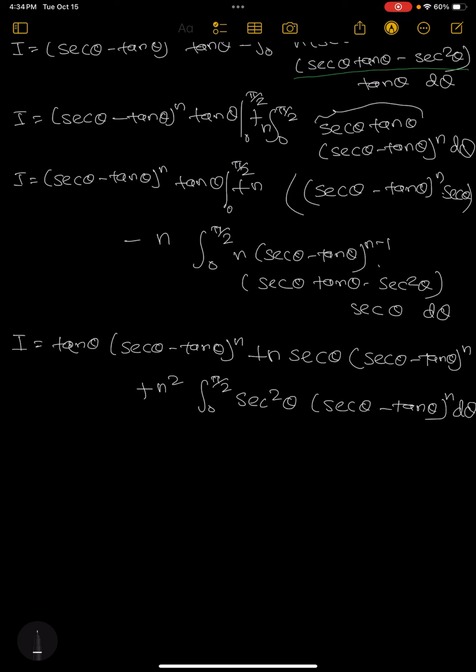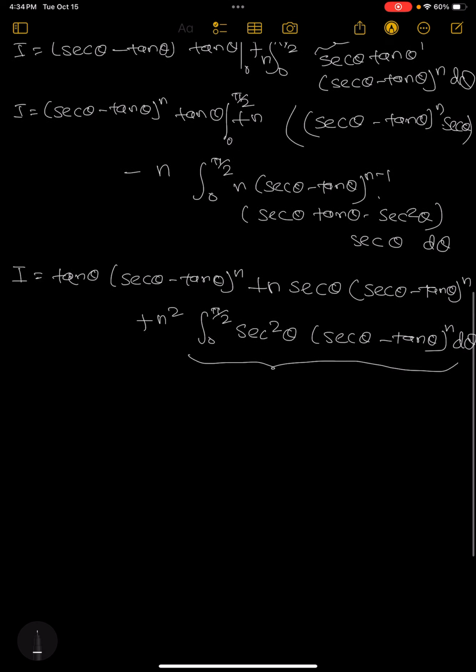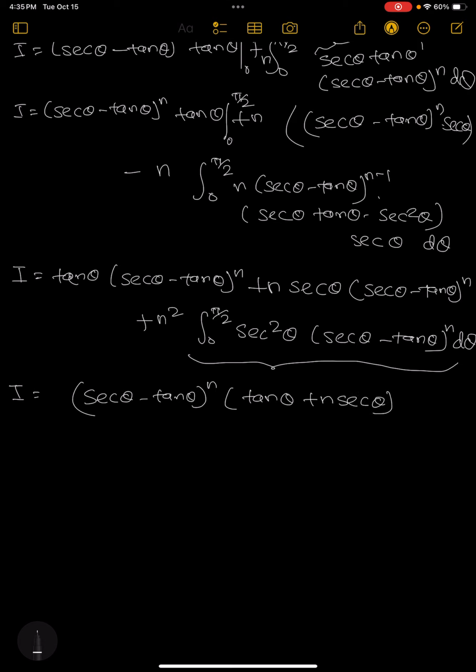Now there is something interesting over here. This is our original integral that we started with, right? See over here, this is the original integral. So what I can say is, I can take (sec theta minus tan theta) to the power n common, and then write tan theta plus n sec theta plus n square times I, right?